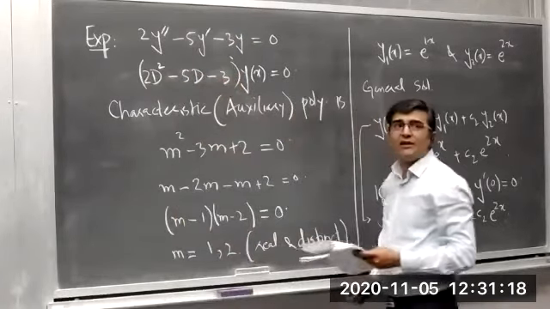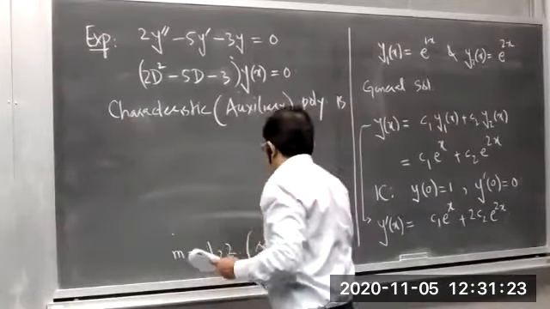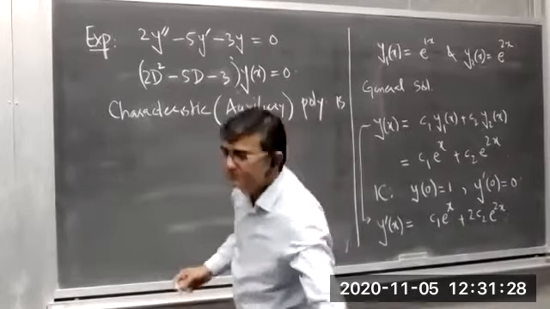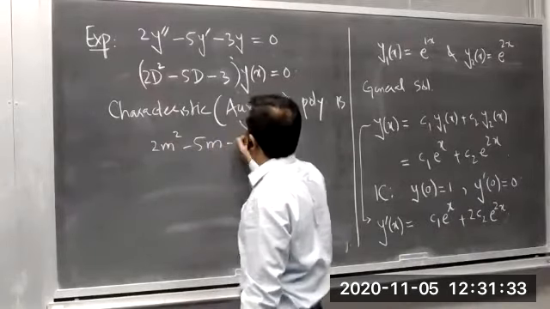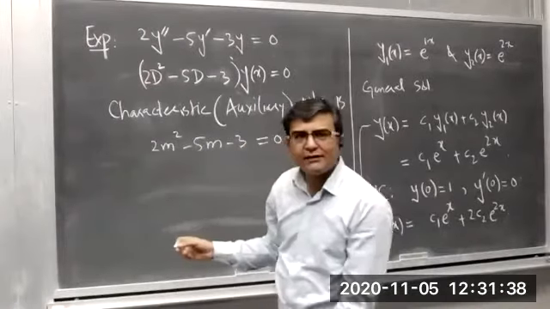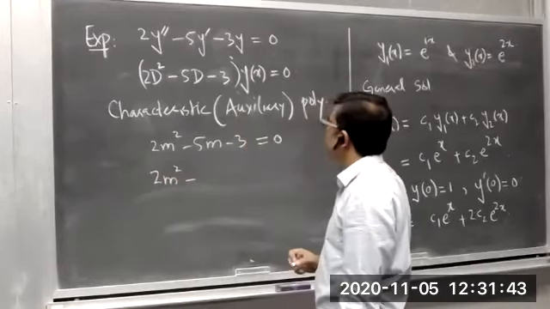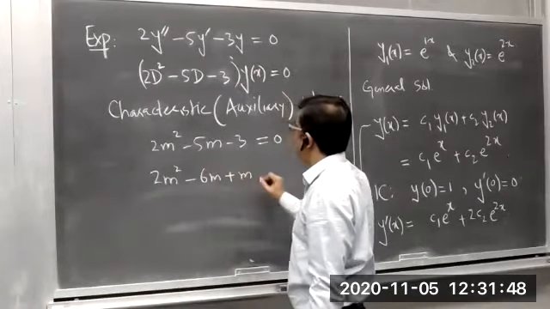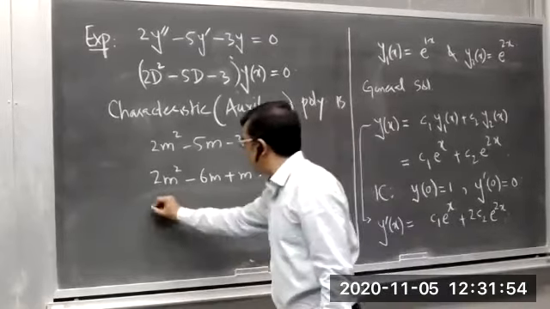In this case, the characteristic equation is 2m squared minus 5m minus 3 equal to 0. Now we can factorize it: 2m squared minus 6m plus m minus 3.